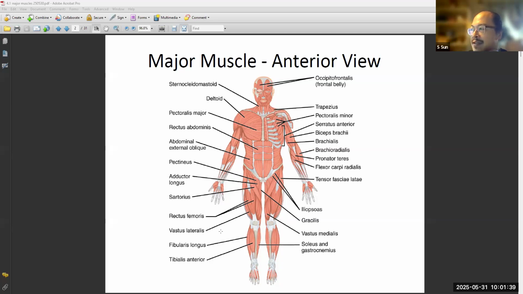You have vastus lateralis, vastus medialis, and the vastus intermedius, but we don't show it here. So you have rectus femoralis, vastus lateralis, and the vastus medialis. Yeah, so that's that. So that's the primary one in the front.